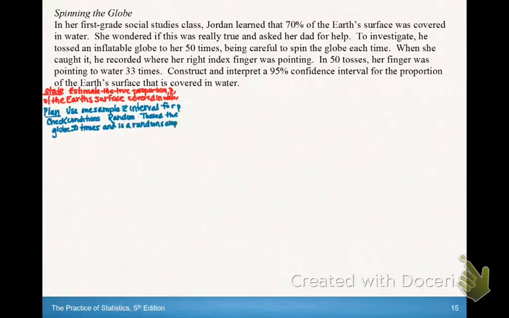Because it could land anywhere at any time. So random is checked. Then we also have to check the 10% rule. So we don't really need to check this because the locations were not selected without replacement.